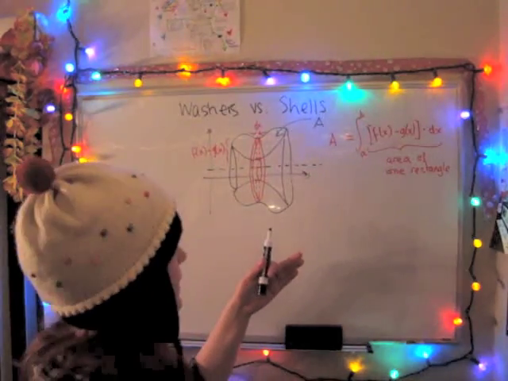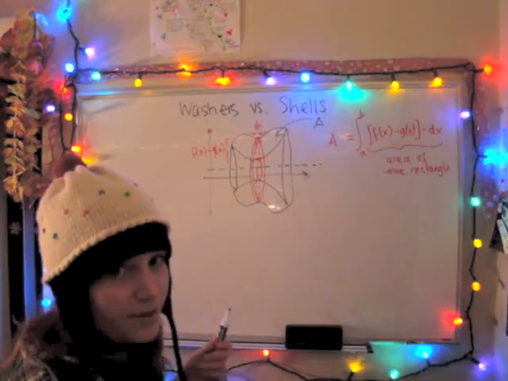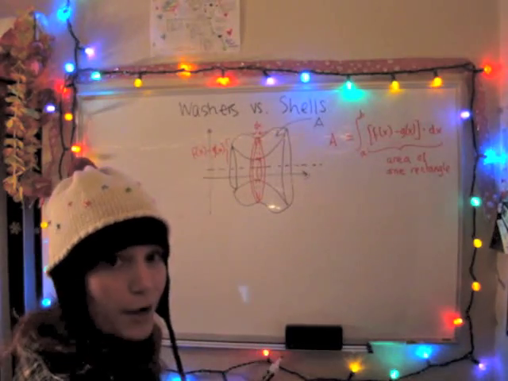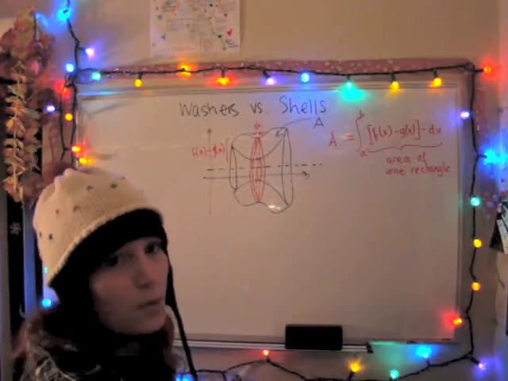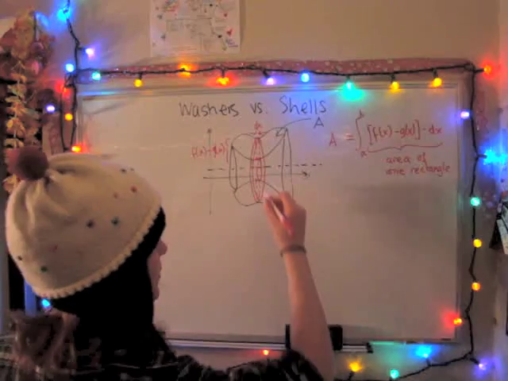Look at the shape that the rectangle has traced out, right? We've taken our rectangle, we've rotated it around the same axis that we're rotating the rest of our area around, and it's traced out a washer. So this should clue us in to use the washer method.